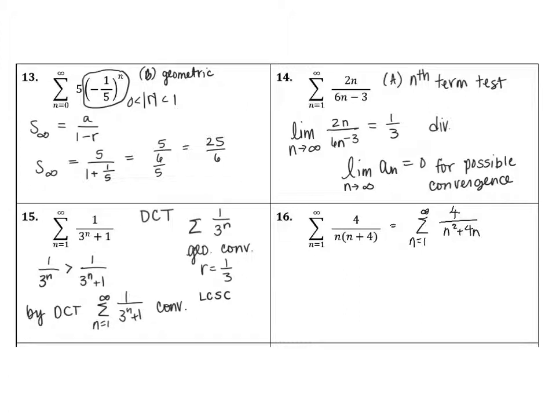I would probably do the limit comparison test just because I can compare that to 1 over n squared, which I know converges by the p-series.